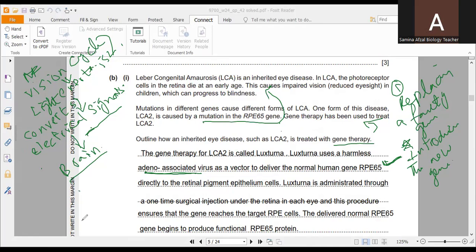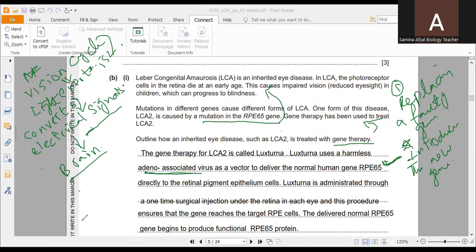Luxturna is administered through a one-time surgical injection under the retina in each eye. The two eyes are treated separately, with at least 6 days between procedures.